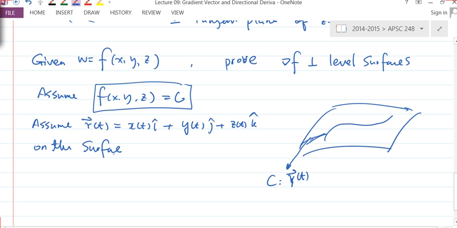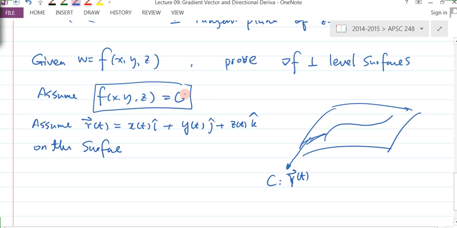If it is on the surface, that means if I substitute any coordinates on the curve C into this surface equation, it should satisfy this level surface expression.